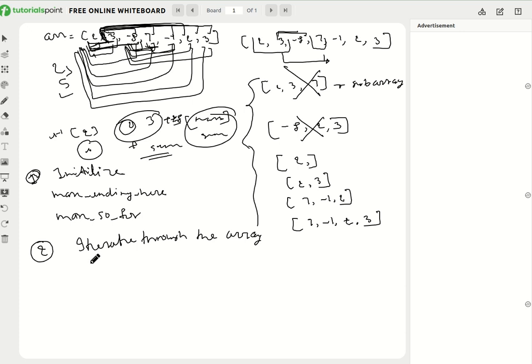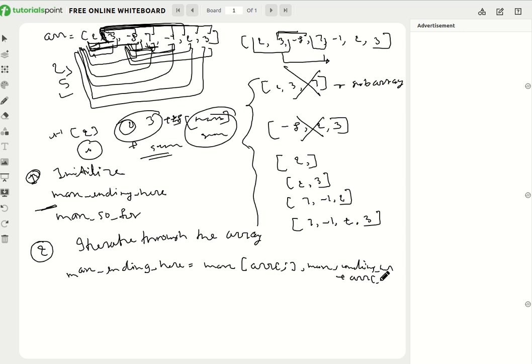Like this variable, max ending here, I will take the max of array of i, and what I initially considered, ending here plus array of i.